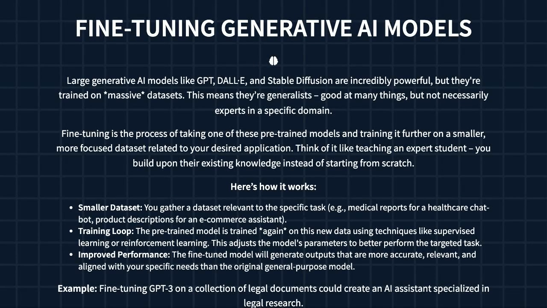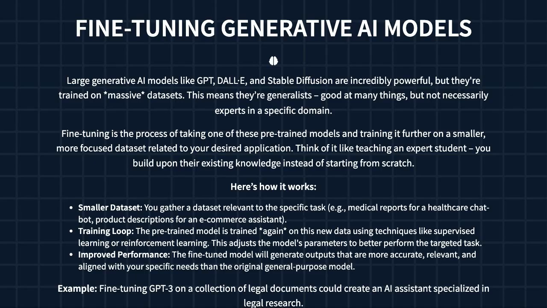Okay, let's talk about fine-tuning. These huge generative models like ChatGPT are amazing at general tasks. It's kind of like giving them a massive general education. They know a lot, but not everything. Fine-tuning is where we take those already smart models and give them specialized training on a smaller data set.